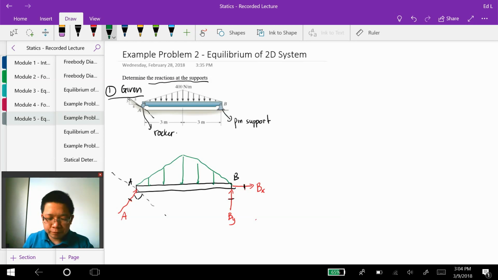Here the slope is 3, 4, 5, if you recall what we learned in module 2. So this is 3, 4, 5.